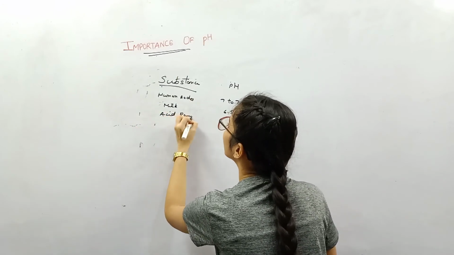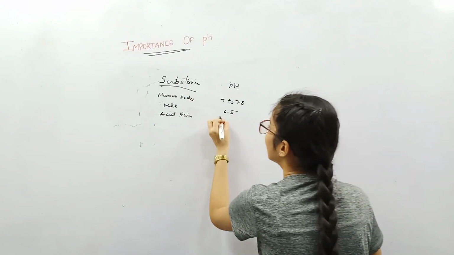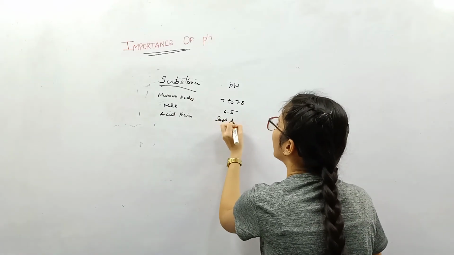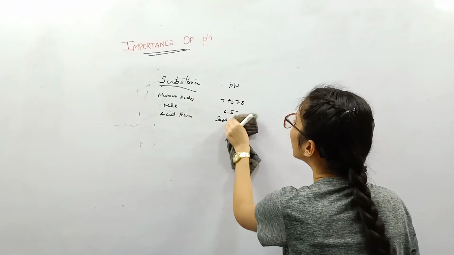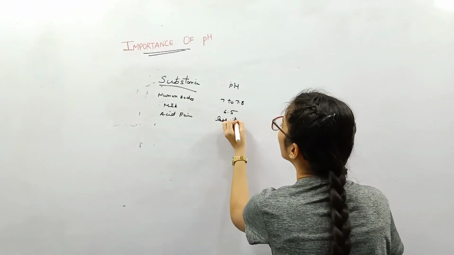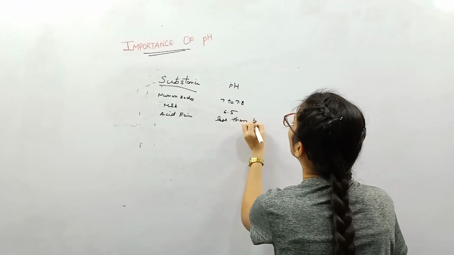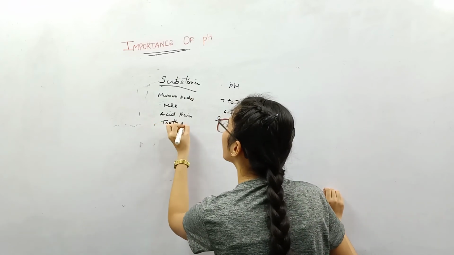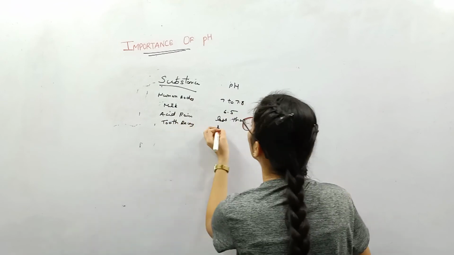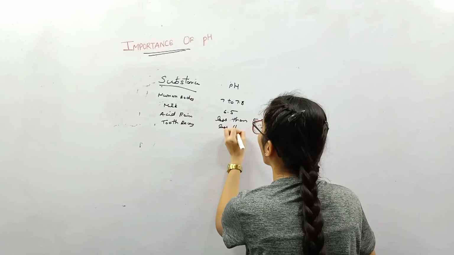Acid rain, if the pH is less than 5.6, and tooth decay, less than 5.5.